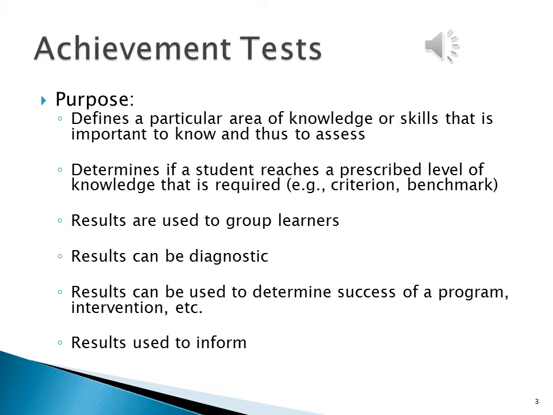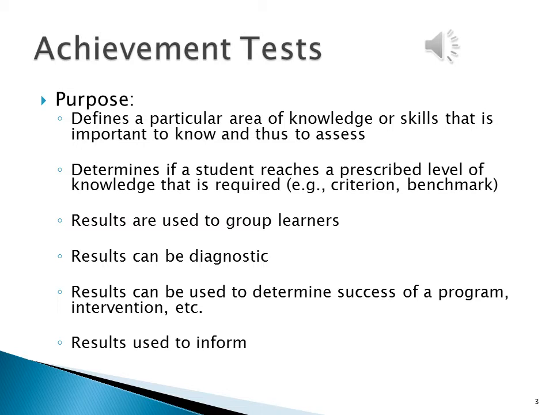The results on achievement tests can be used to group students. They can be diagnostic and then help us to determine if enhancements, enrichments, interventions need to be put into place. And most importantly, an achievement test should help inform instruction.